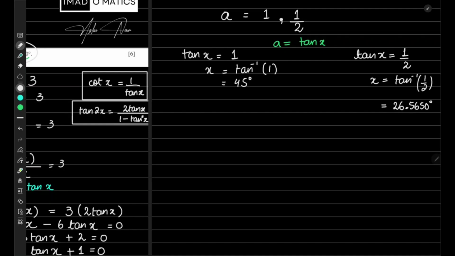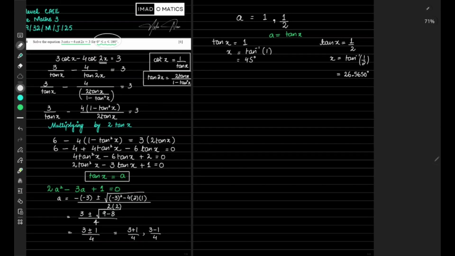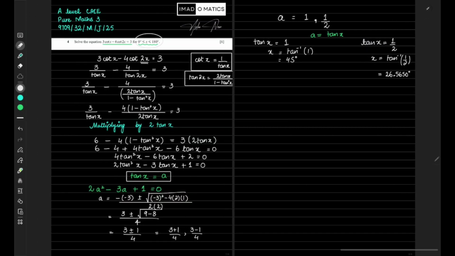These will be the two solutions of this whole equation. Just write them in descending order: x is equal to 45 degrees or 26.5650 degrees.